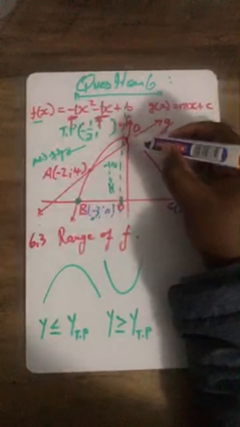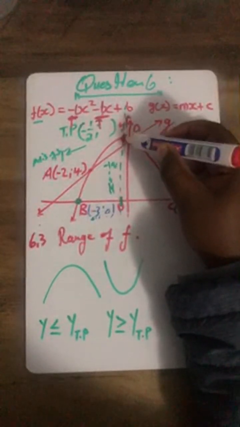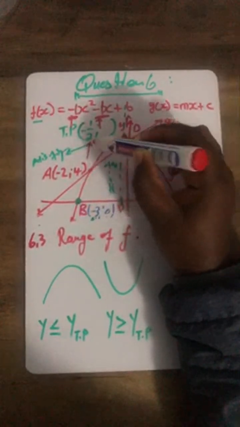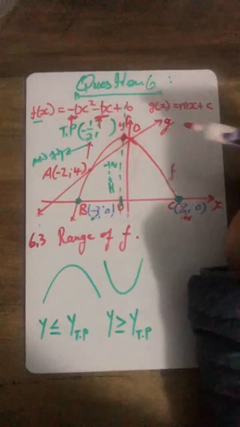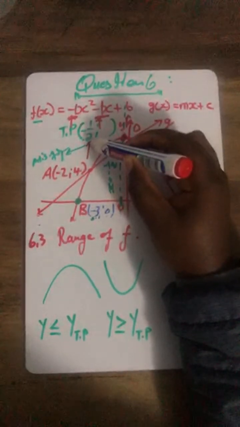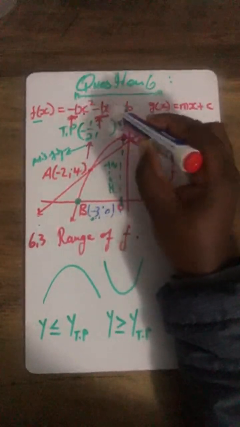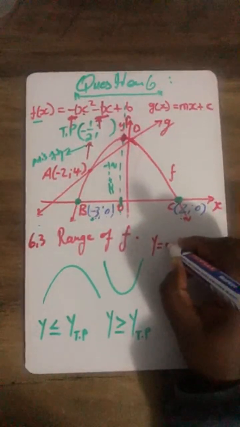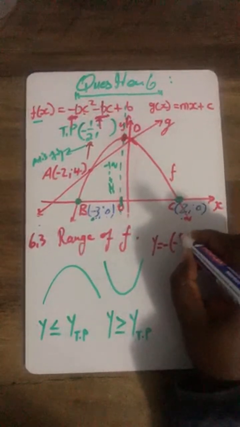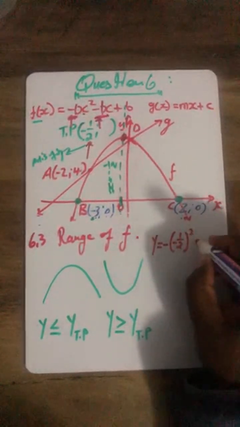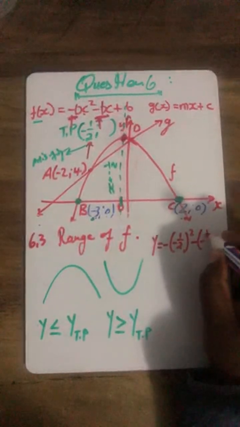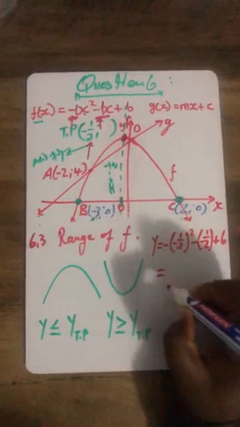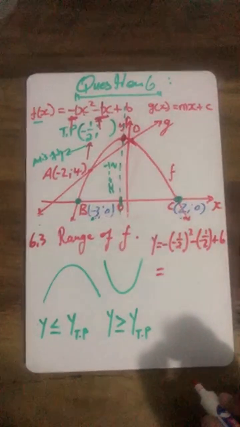If we already know what the x value is at that turning point, remember, you just take that value and substitute it there and there. That's how you find the y value. So that means just say y is equal to negative, obviously negative a half, squared, minus negative a half, and then plus 6. Then you punch all of this on your calculator. What does it give you?